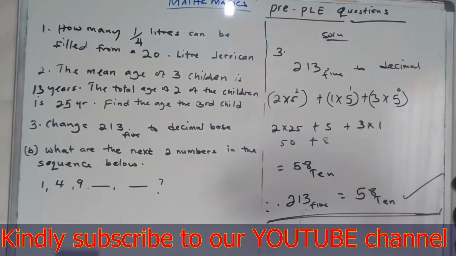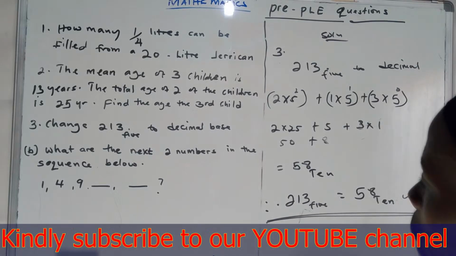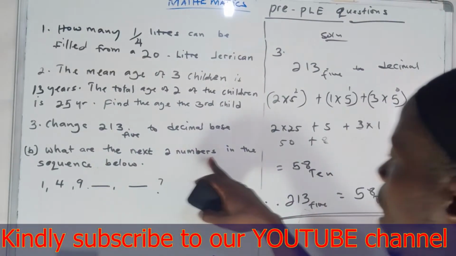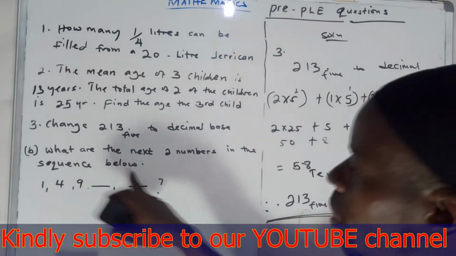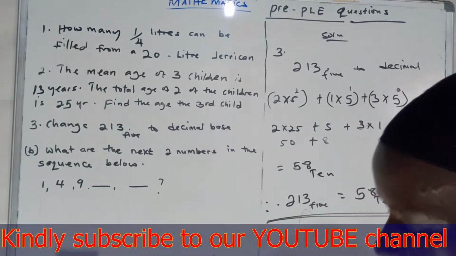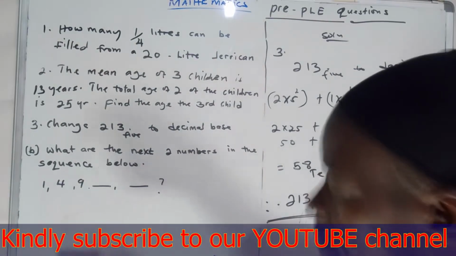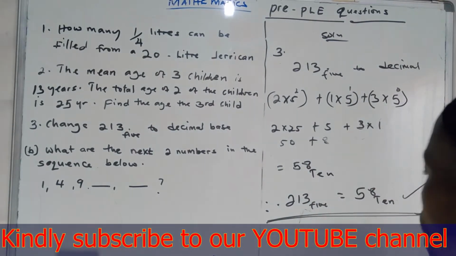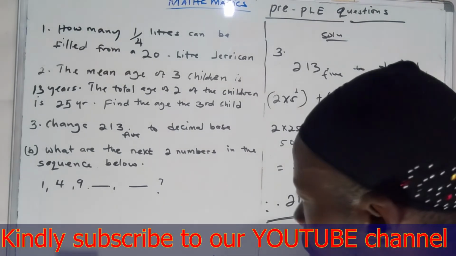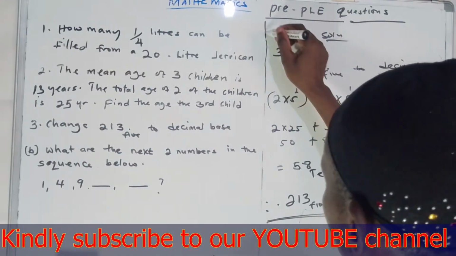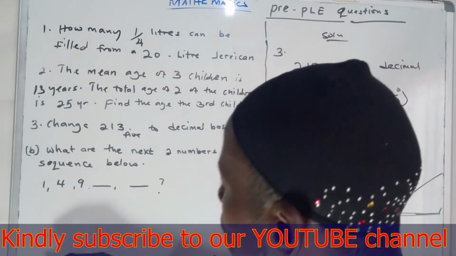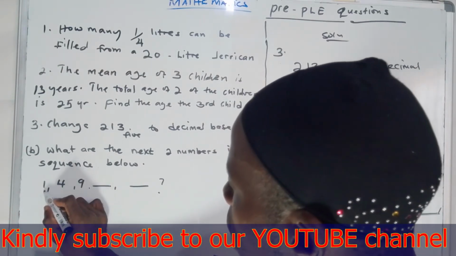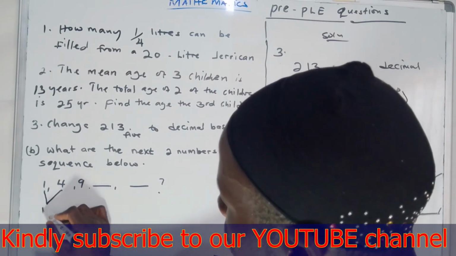So you're moving to the last number here, where they ask, what are the next two numbers in the sequence below? This is very easy. You start from here. Here, you do plus 3.